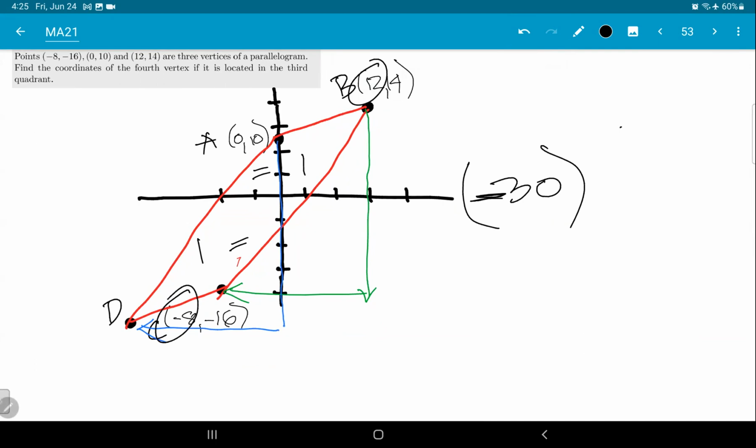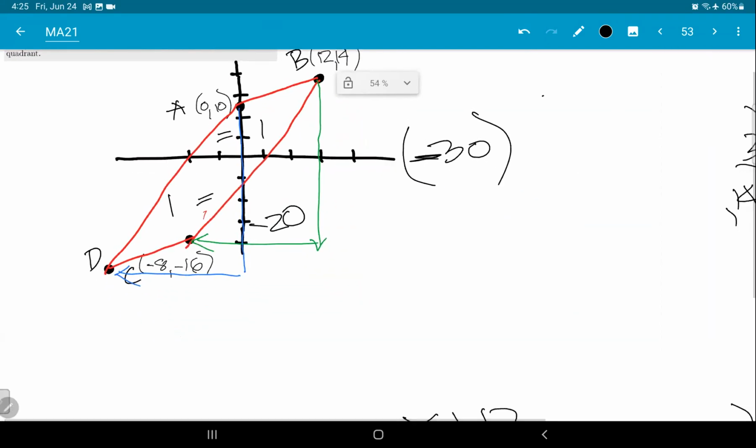Ano lang yan? Simple arithmetic. From 12 to negative 8, ilan yan? 20, right. Pero negative, no, kasi pakaliwa or to the left na lang.